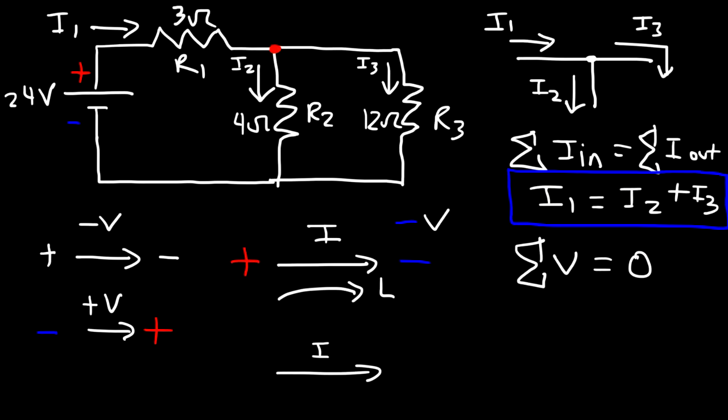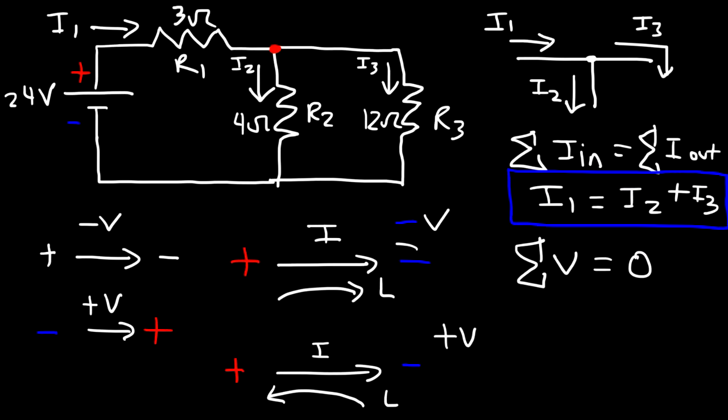So when using the loop rule, if you're going in the direction of the current, that's associated with a voltage drop. Now, if you're going opposite to the direction of the current, then you're traveling from a low potential to a high potential, which is what we have in this situation. So that's going to be associated with an increase in voltage or voltage lift because you're going towards a higher potential.